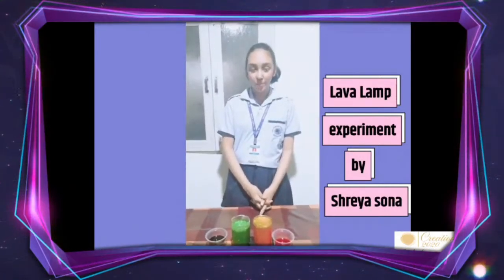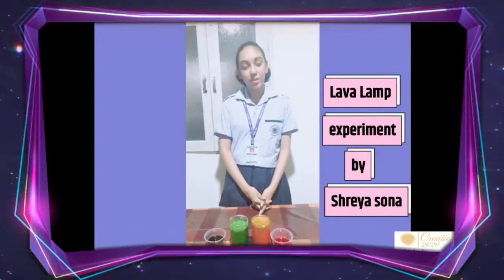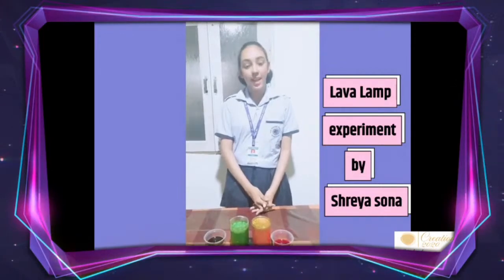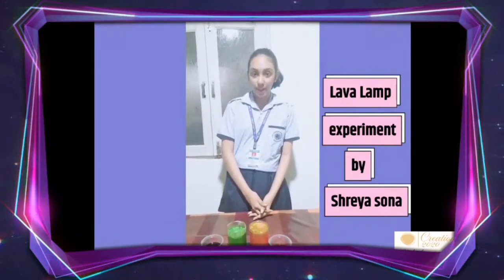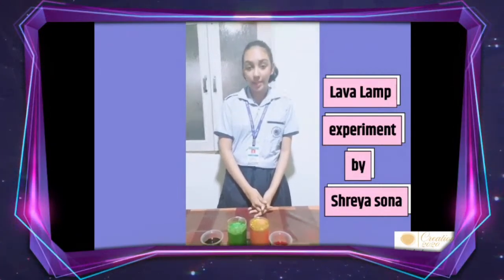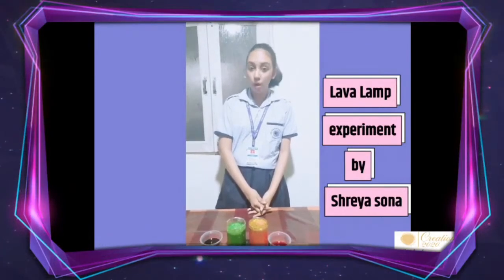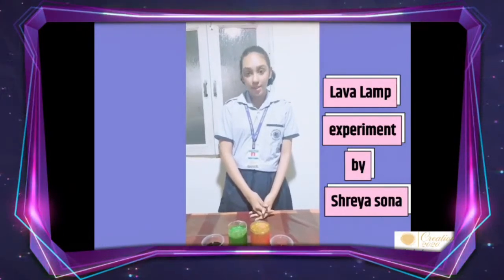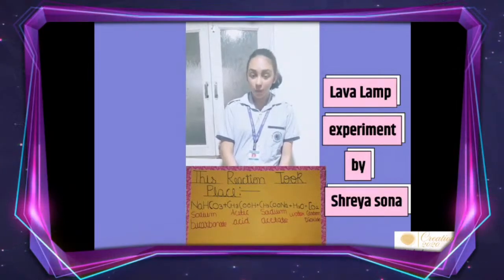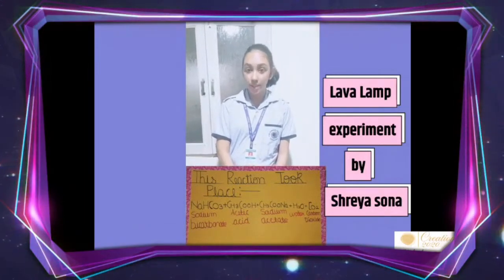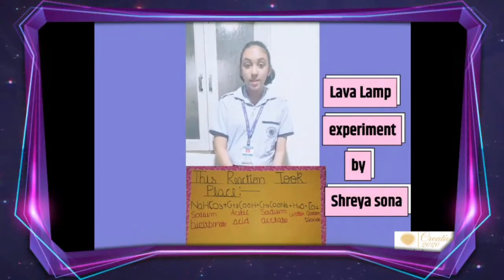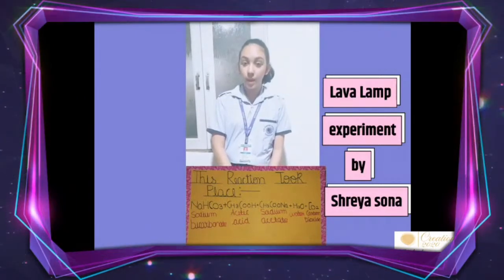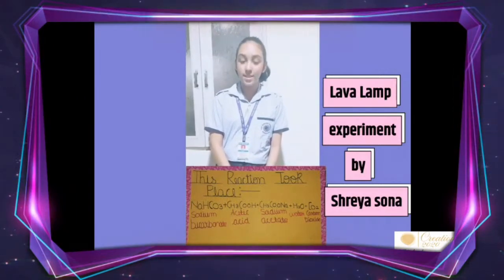The reaction which took place here is that vinegar, which contains acetic acid, reacts with sodium bicarbonate, which is baking soda, and gives sodium acetate, water, and carbon dioxide. NaHCO3 plus CH3COOH gives CH3COONa plus H2O plus CO2.